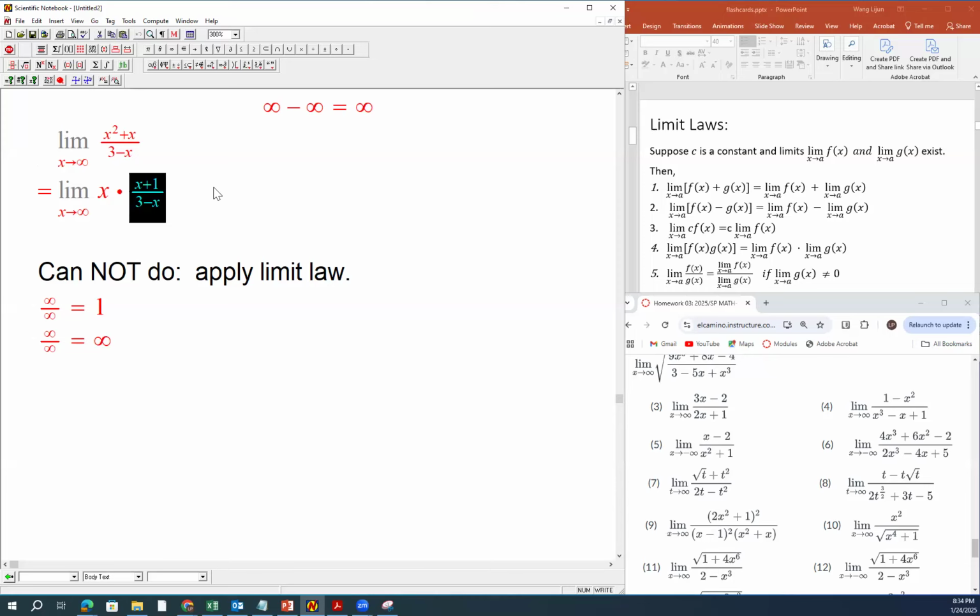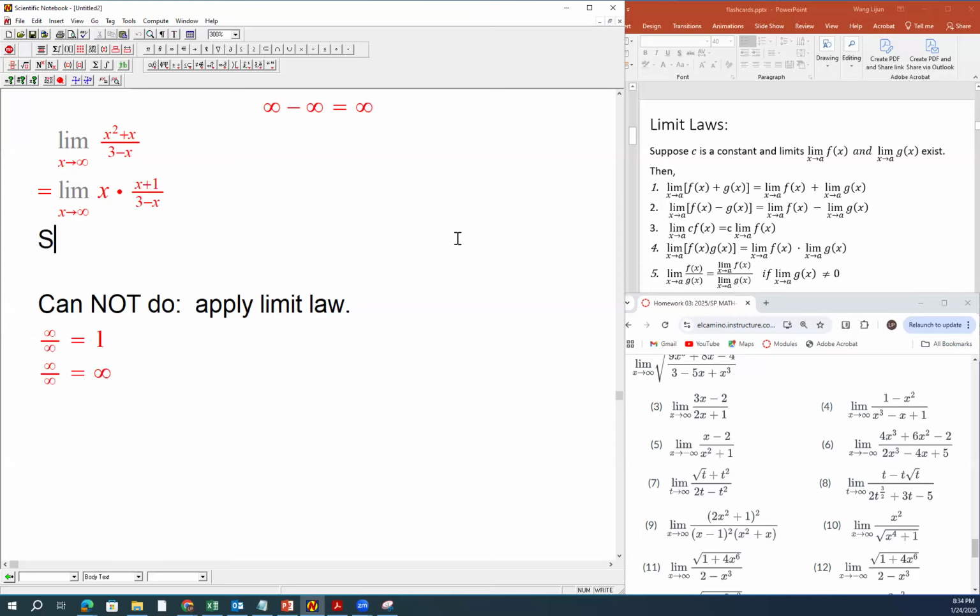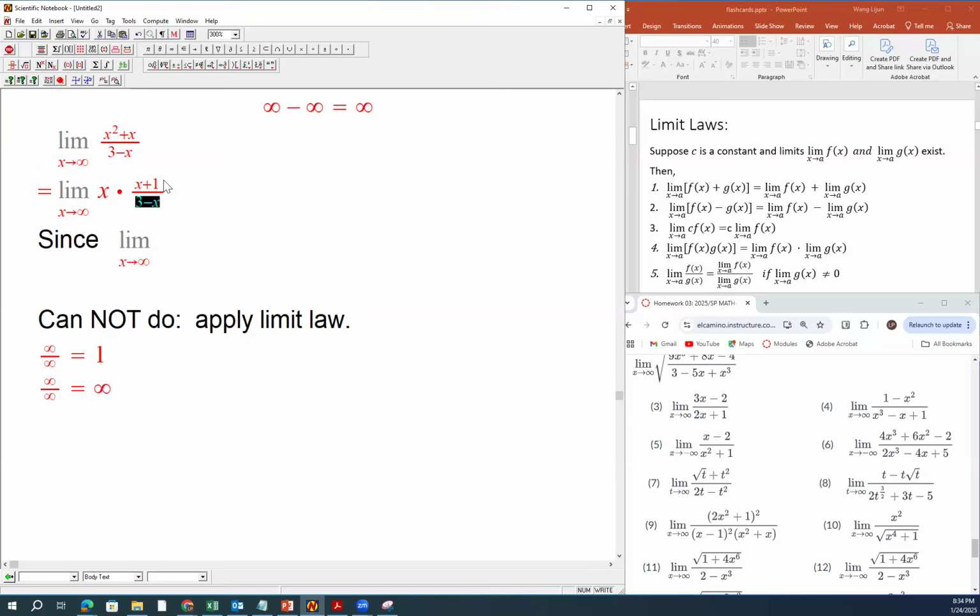as x approaches infinity, by the way, we cannot use the limit law, but we understand this limit as x approaches infinity is going to be -1. You know the techniques to do it, right?